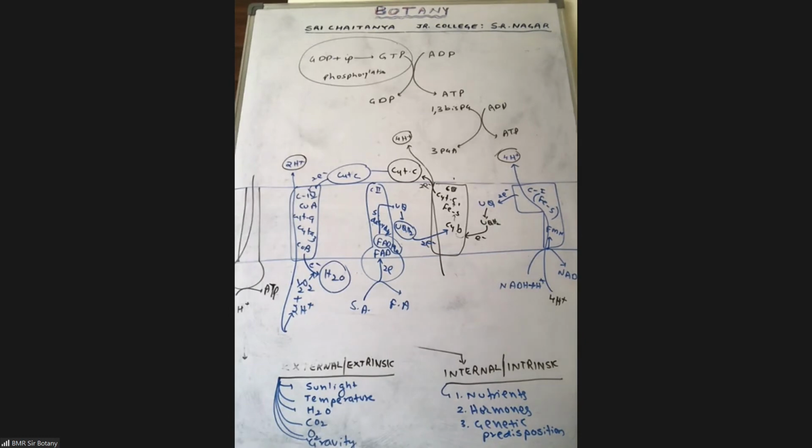How many turns of TCA cycle operate for 1 glucose? 2 turns. For 1 acetyl-CoA, 1 turn. For 1 pyruvic acid, 1 turn. But for 1 glucose, because we have 2 pyruvic acids, so 2 acetyl-CoAs, so 2 turns.